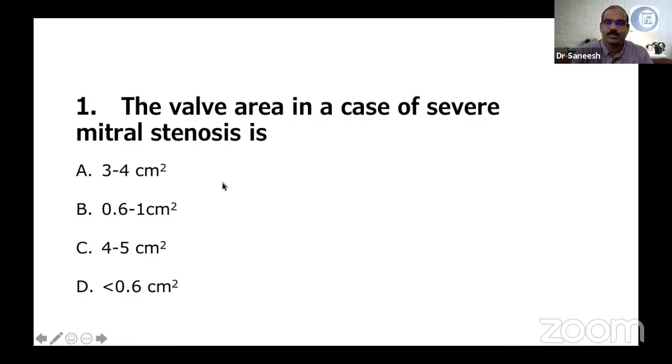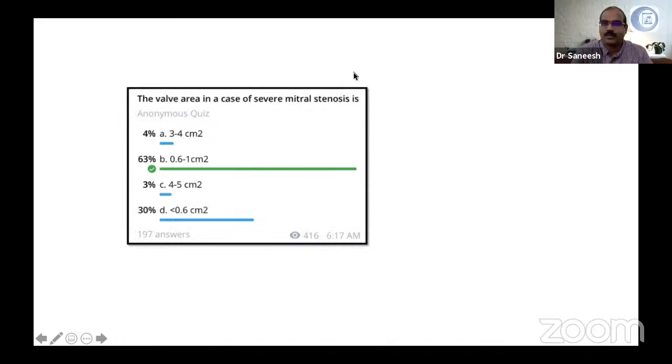Now 82% say option B is the severe valve area in case of severe mitral stenosis, 0.6 to 1 centimeter square. Dr. Minati, a sharp contrast: when we put the question on the Telegram group, when they had enough time to check the literature or even Google search, only 63% hit the correct answer. But now during this session, 82% of our audience is hitting the right answer.